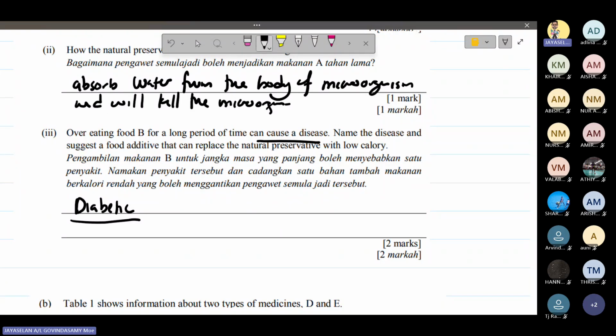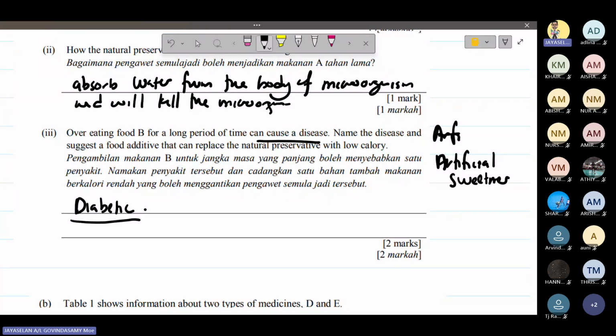Ethanol? Ethanol is alcohol. Replace sugar with artificial sweetener. Anyone? Artificial sweetener, Stevia.